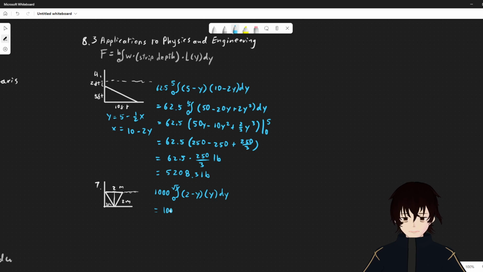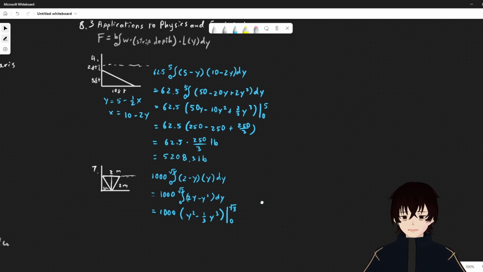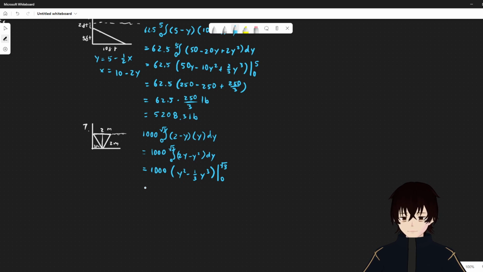That is going to be equal to 1,000 times the integral from 0 to root 3 of 2y minus y squared dy, which is going to be equal to 1,000 times, no, not integral anymore, times y squared minus 1/3 y to the power of 3, wait. My brain has ceased to function at its peak hour. But that's what I was going for. And then we simply plug things in.